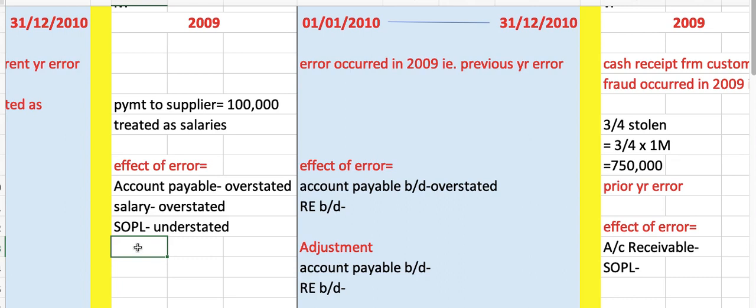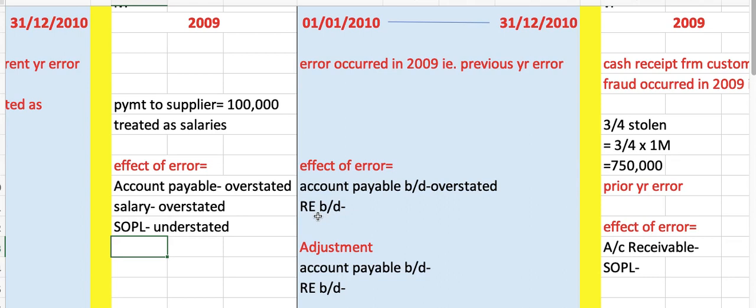So any SOPL item will affect the SOPL, and therefore this SOPL will affect the retained earning.